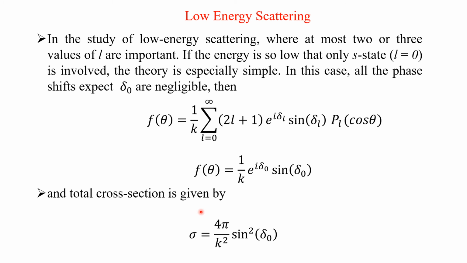And the total cross section is given by σ equal to 4π. After integrating this, you will get σ equal to 4π over k squared sin squared δ_0. Here you can see this total scattering cross section is independent of angle θ.